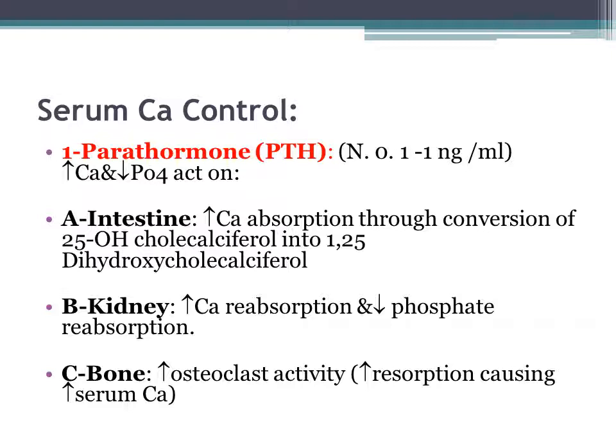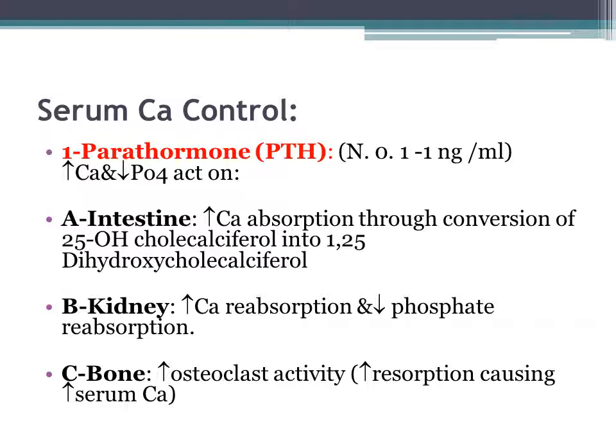There are several hormones which control our calcium level. The most important is parathyroid hormone, which is released from the parathyroid gland. It's also called PTH.